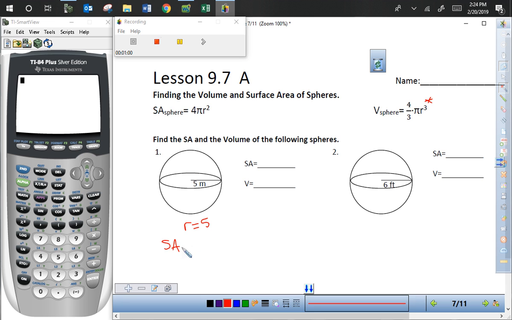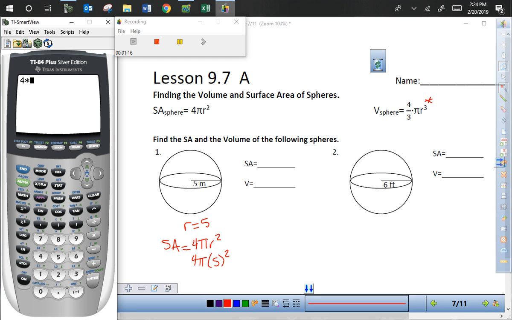Surface area equals 4 pi r squared. That looks like 4 times pi times the radius 5 squared. Just like we did with all of those other shapes with pi in it, we leave that out to last. So it's 4 times 5 squared, which is 25, and we get 100 pi.